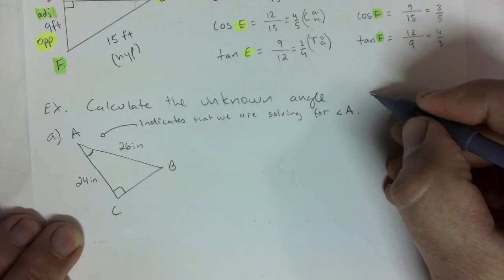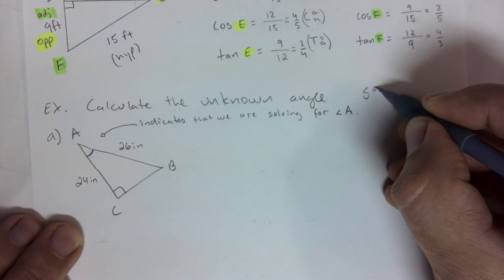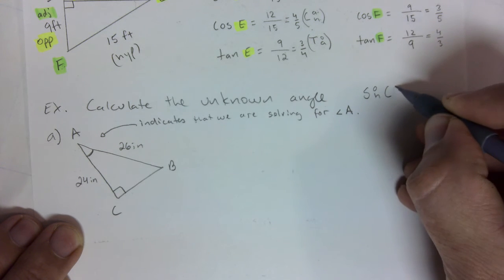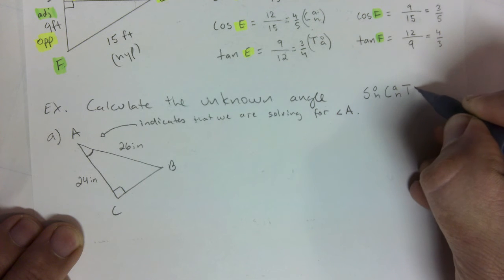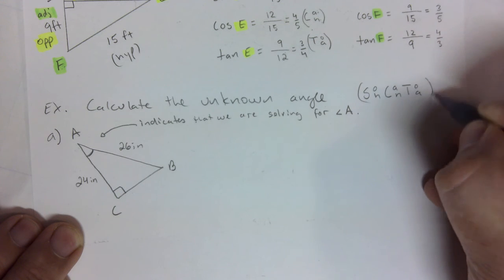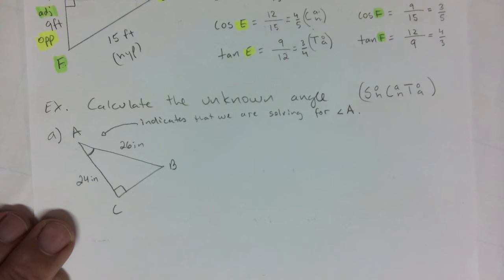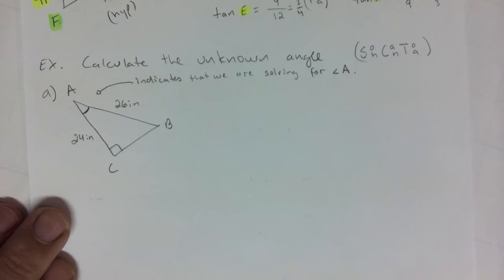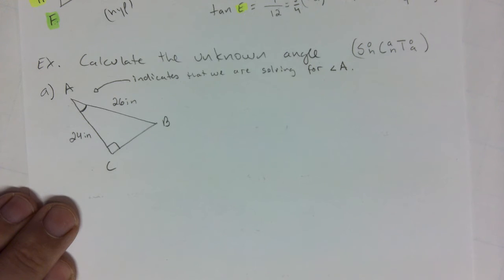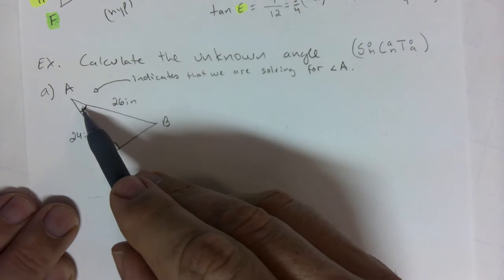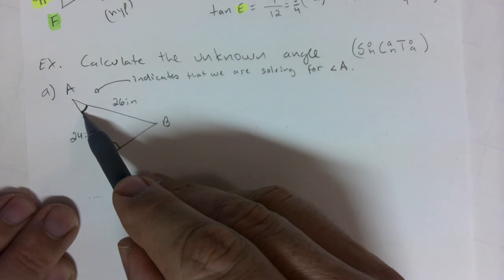And remember, don't forget, this is always going to be in the back of our heads, helping us out. So SOH CAH TOA. I would say write it down right away when you write your test. Write it down. Okay. Quiz, write it down. Okay, so if we're solving for angle A, we need to label.